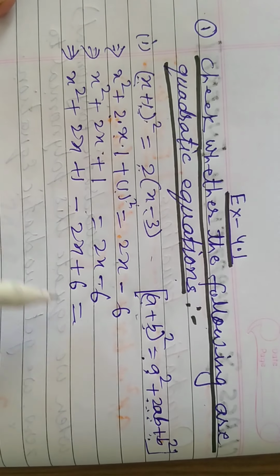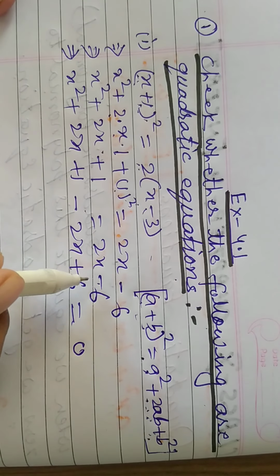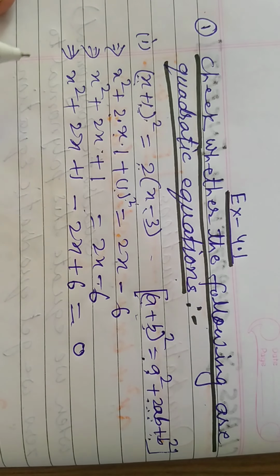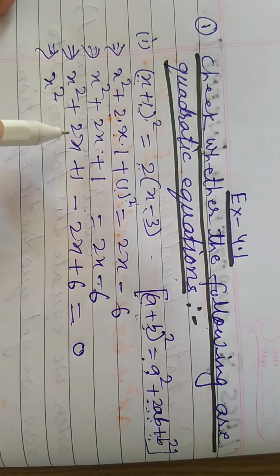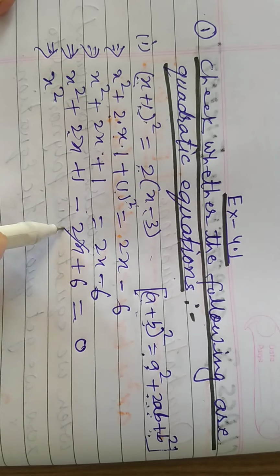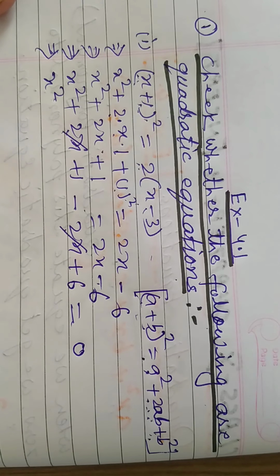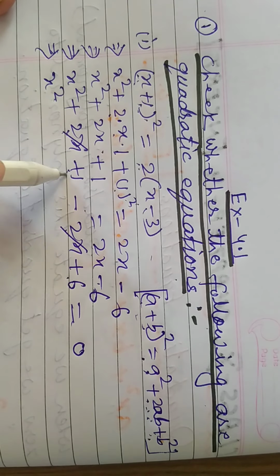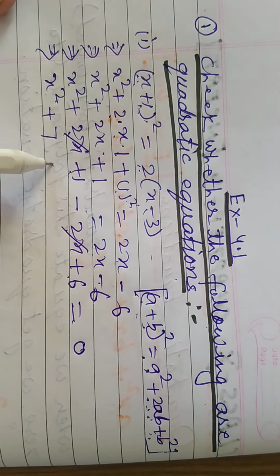After that equal to 0, because both terms we sent to the left side, so nothing is left, meaning 0. After that x square plus 2x and minus 2x cancel. Plus minus minus, what is left? Plus 1 and plus 6. So 6 plus 1 is 7, equal to 0.